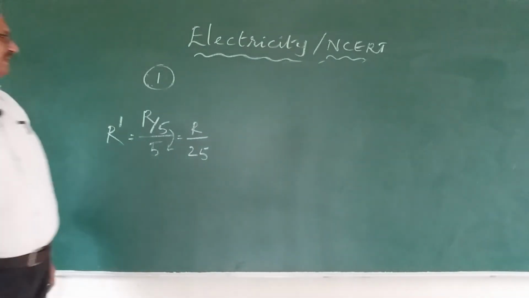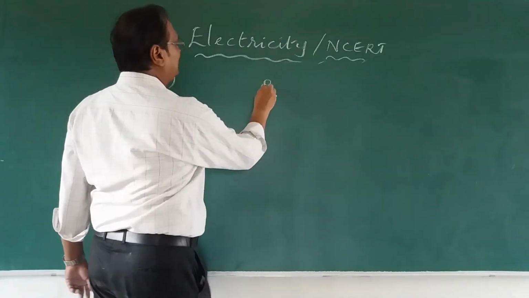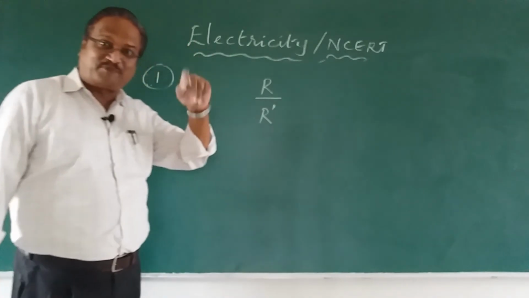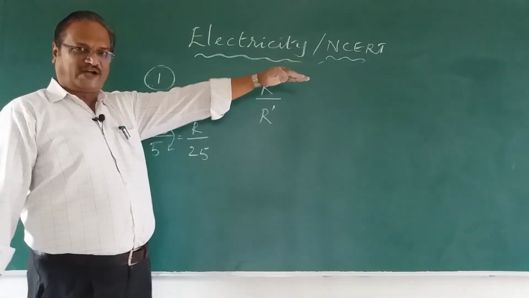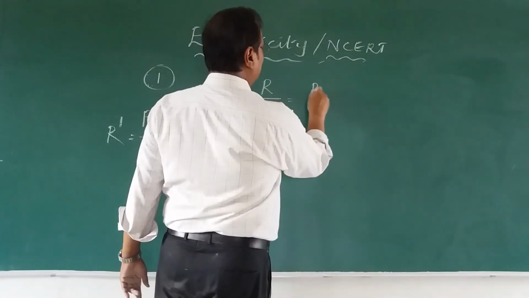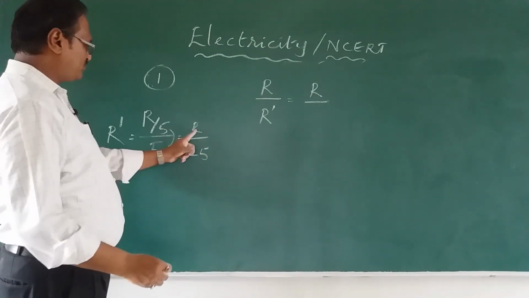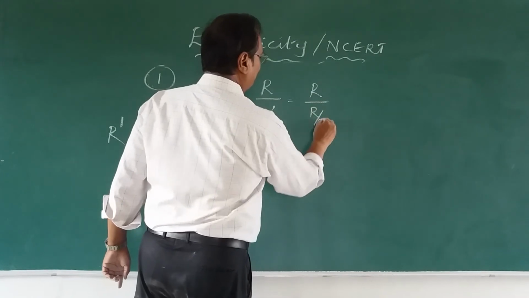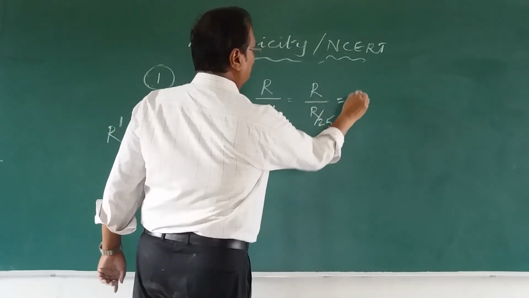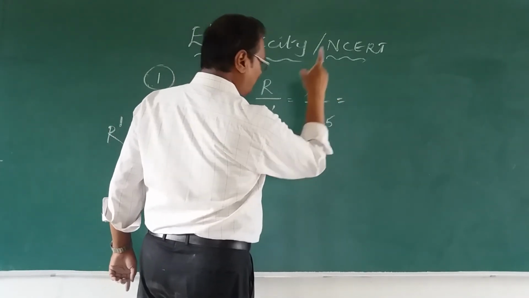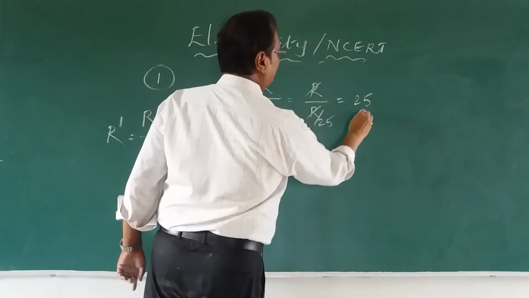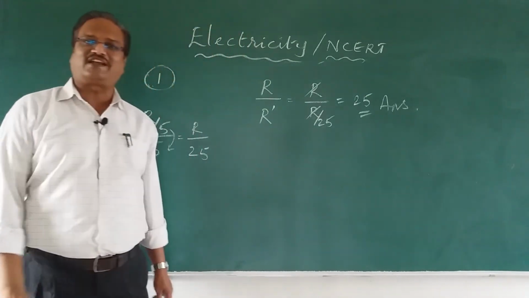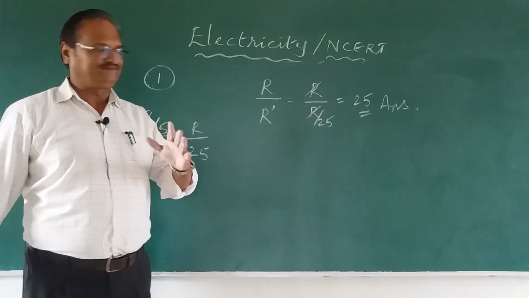Now it is asking what will be R upon R dash. Original wire which had R, and R dash we have expressed in terms of that original value, R upon 25, which is equal to R goes 1 upon this, so it will become 25. This is the answer. Ratio does not have any unit.